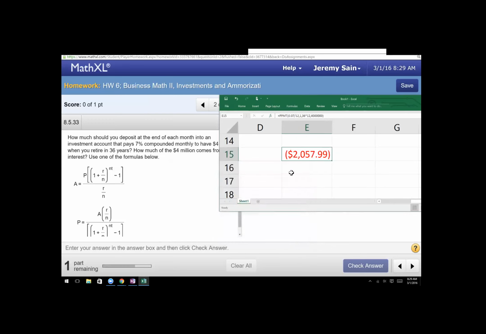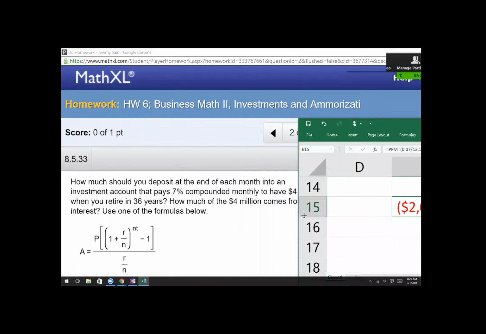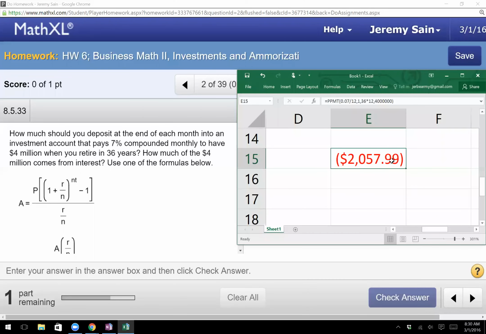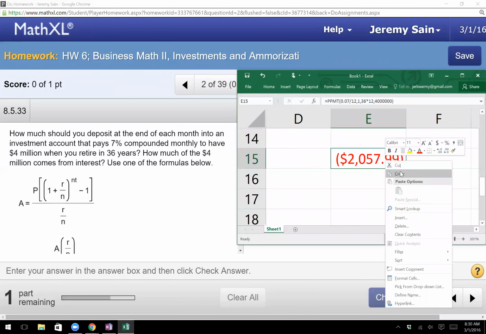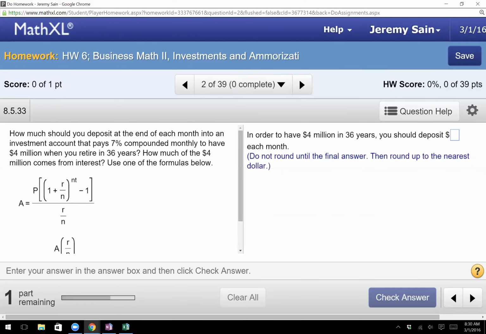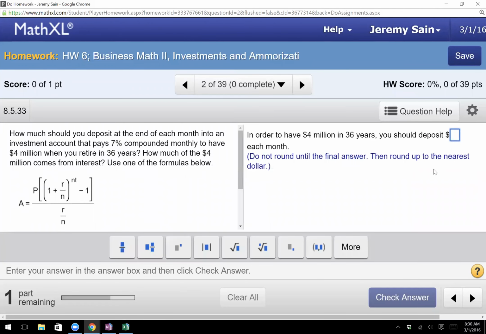So if I want to get that, I have to make $2,057 payments. So that's it. And paste, and first I want to round up. I also don't want the dollar sign or the parentheses in there.